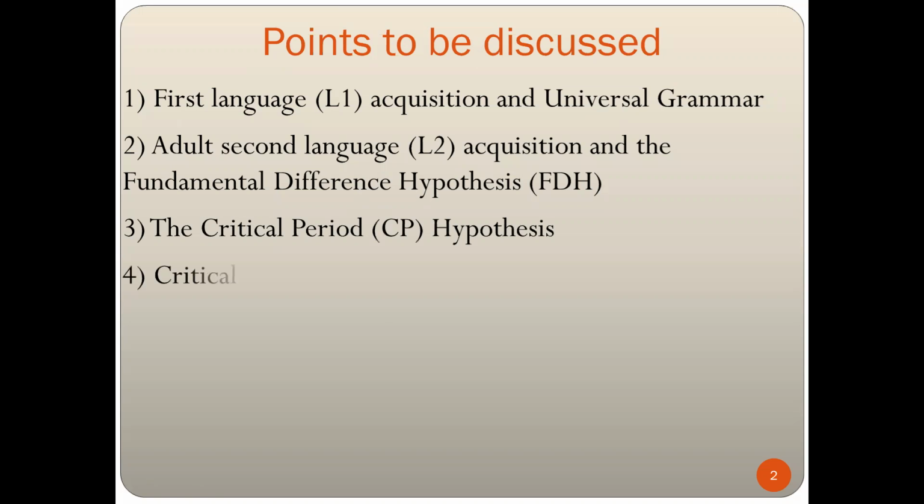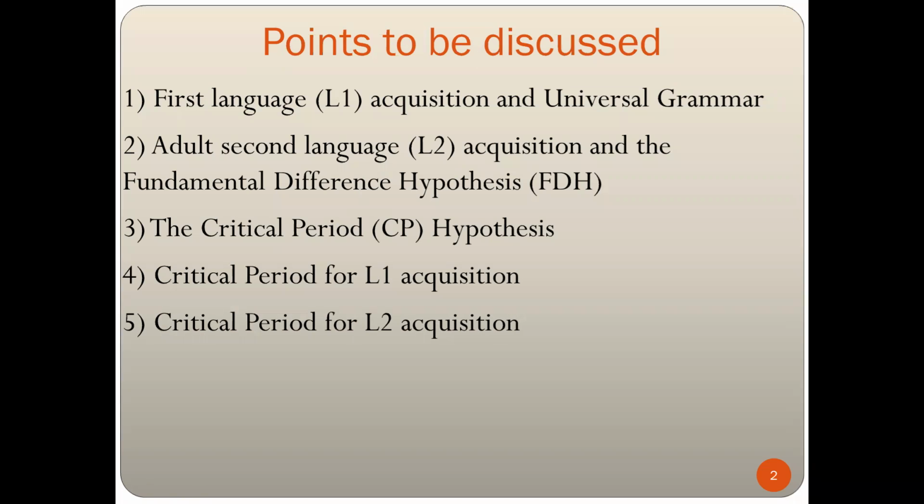Then we'll briefly talk about critical period as a general concept. Then we'll briefly talk about critical period for first language acquisition. And then we finally come to the key issue of this presentation, which is critical period for second language acquisition. We'll examine a number of arguments which, in my view, support the idea that second languages are subject to a biological constraint like a critical period.